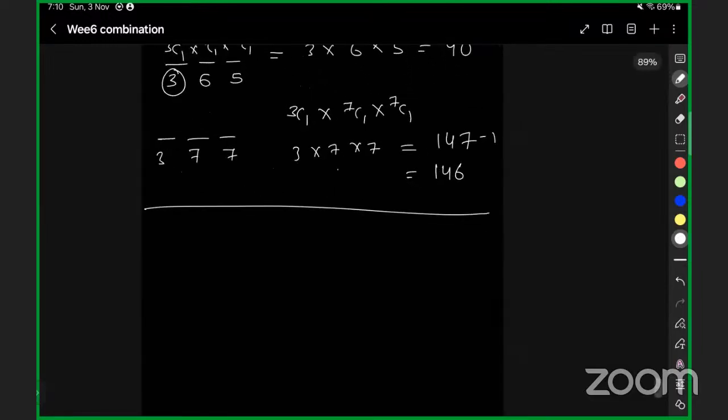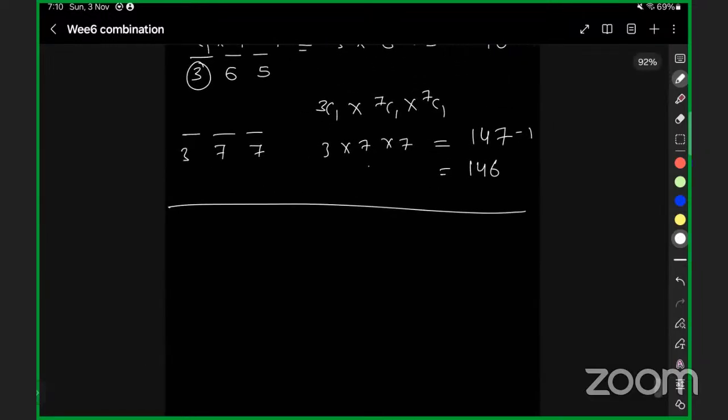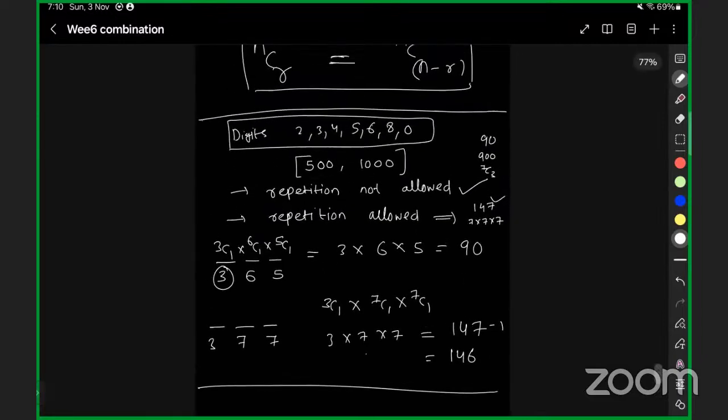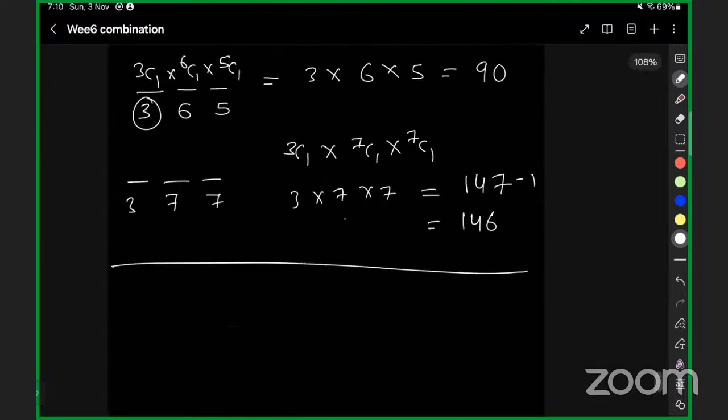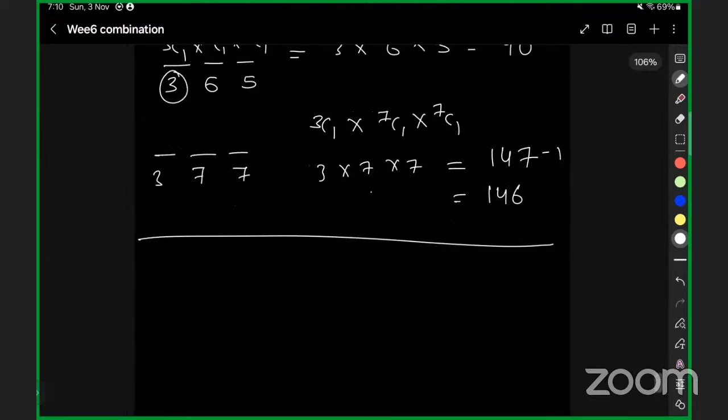Sir, is it week 6 syllabus or week 5 questions? It could be from anywhere. But I am trying to stay with combination. Combination is like selecting only, and permutation is like selecting and arranging.